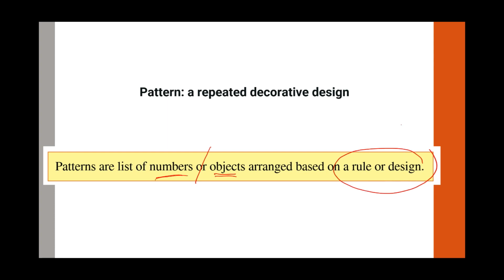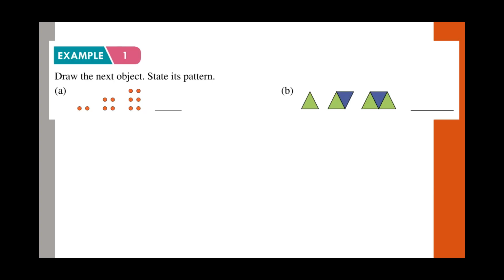Okay, a rule or design. So can you remember the meaning of pattern now? A list of numbers or objects arranged based on a rule or design. Can all of you remember, class? Okay, good. Let us look at some of the examples now.